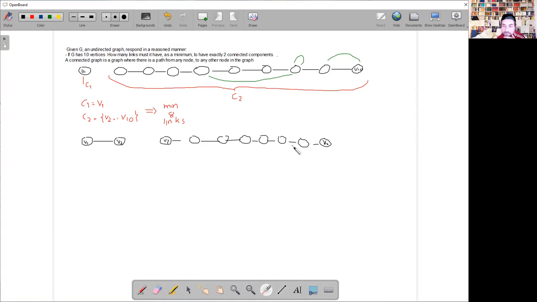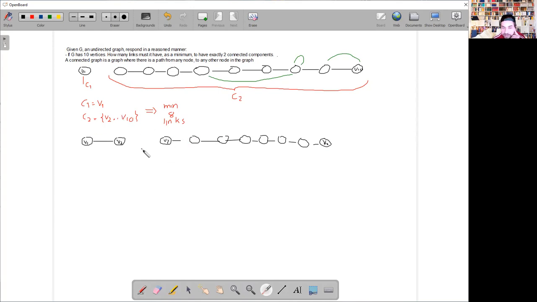Okay, so if we had a disconnected component with 2 nodes, that means that neither B1 nor B2 could be connected to the other connected component, right? Because we want to have 2.